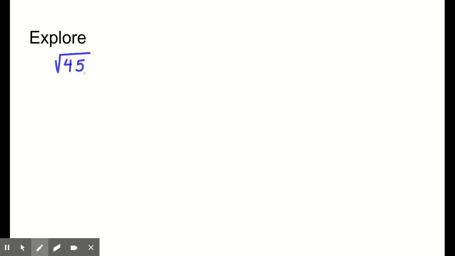And the thing we have to make sure that we do is that we remove the largest perfect square factor, just like the greatest common factor that we learned when we were factoring. We want to make sure that when we're simplifying our radical that we're removing the greatest perfect square number. And so I'm going to show you a method to help us find that, but I just want to break it down so you guys understand what it is we're looking for.